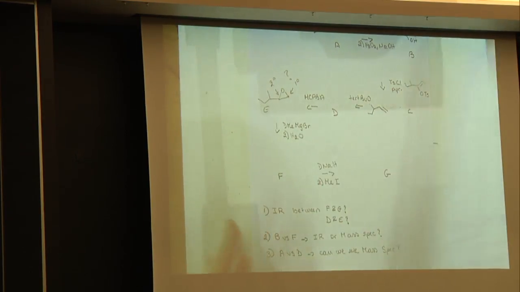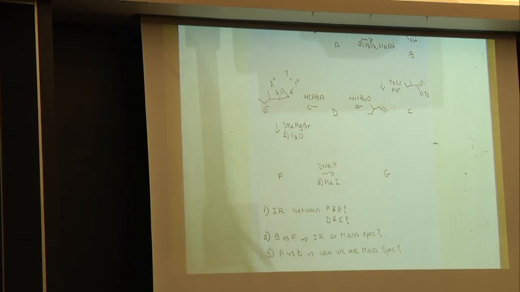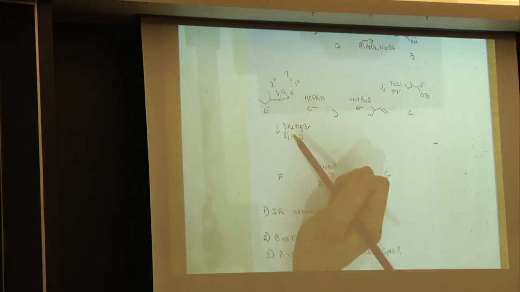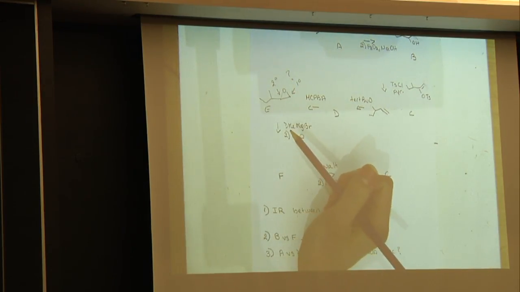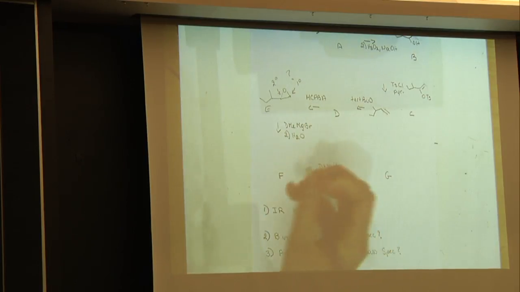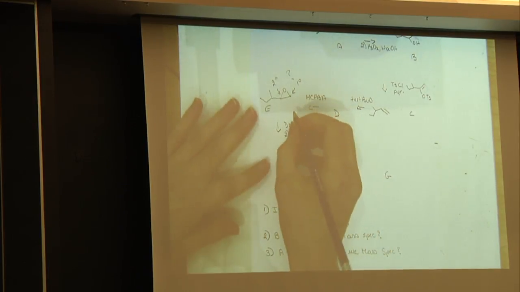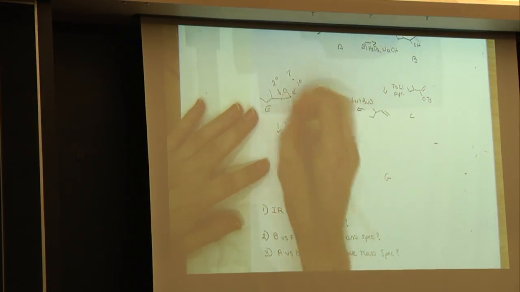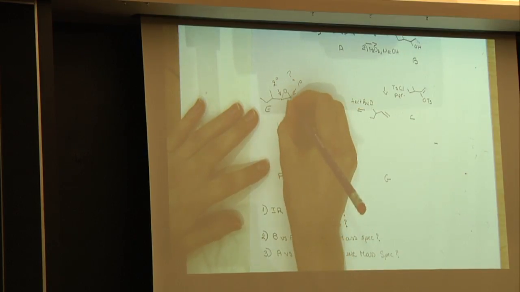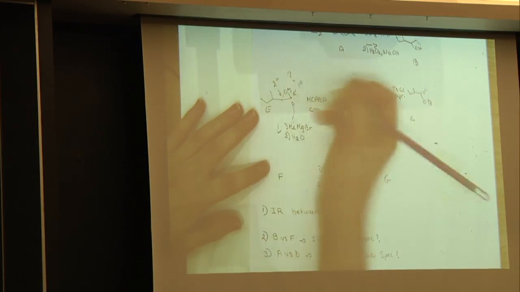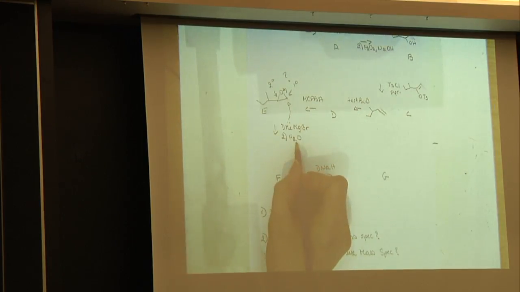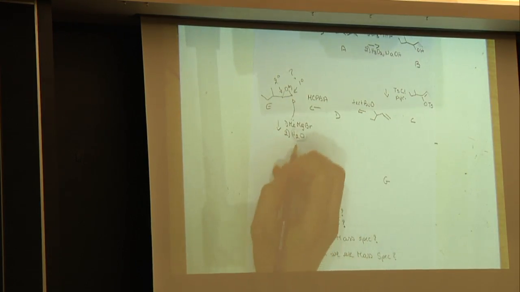So here, to go back to our problem, which side am I going to attack? Yeah, the primary. Awesome. So our methyl here is going to attack, and that's how I get a secondary alcohol with water workup, of course.